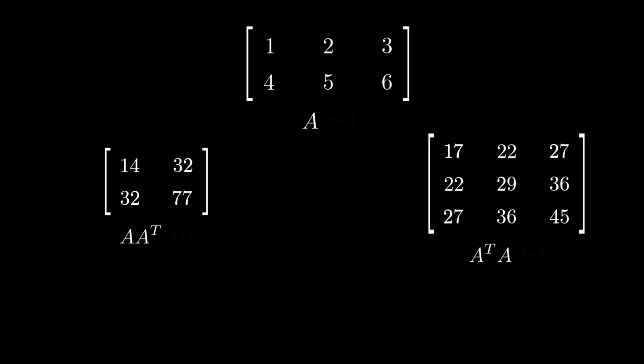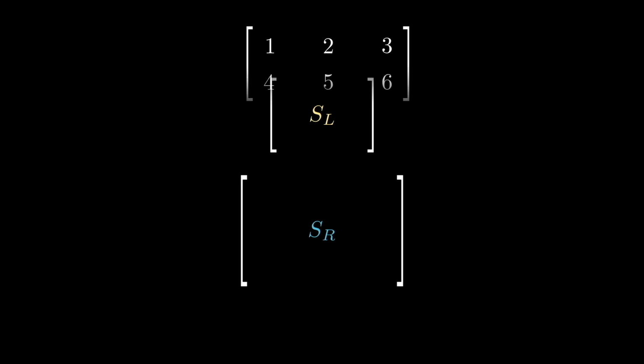For now, we stick to the concrete case when A is 2 by 3, and let's give them some meaningful names as well. Since they're symmetric matrices, the letter S better be in there. Let's call AA transpose S left and A transpose A S right. I know that you know S left and S right are symmetric matrices.